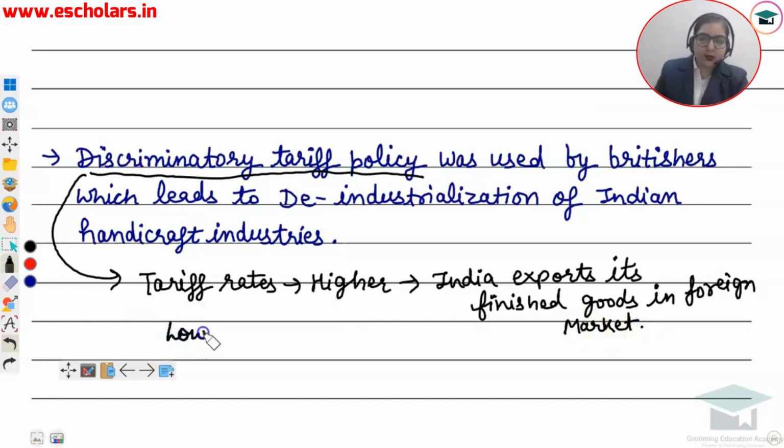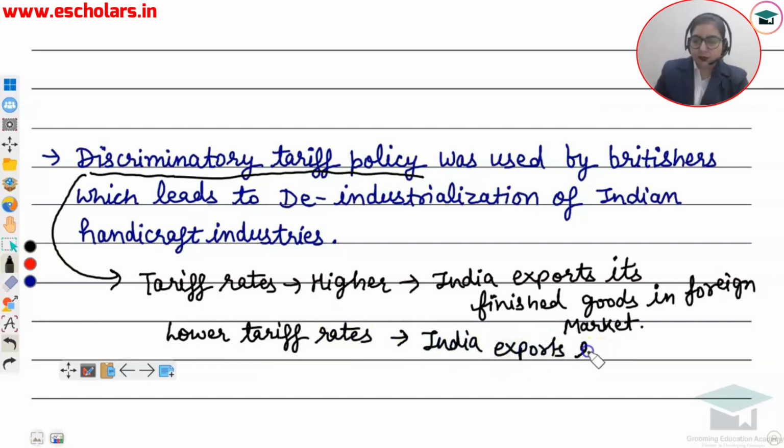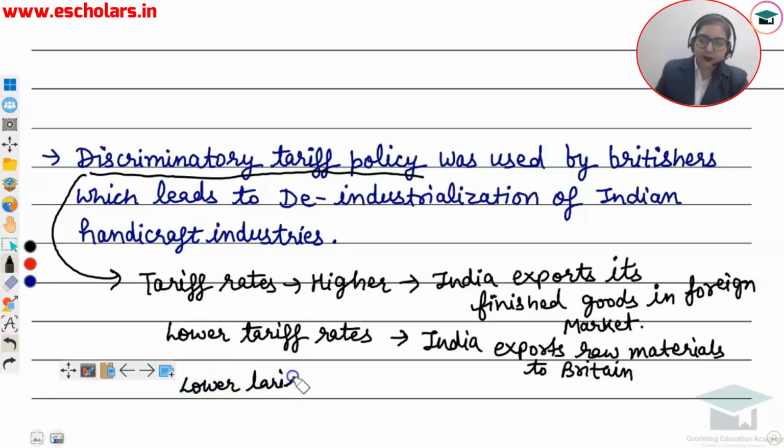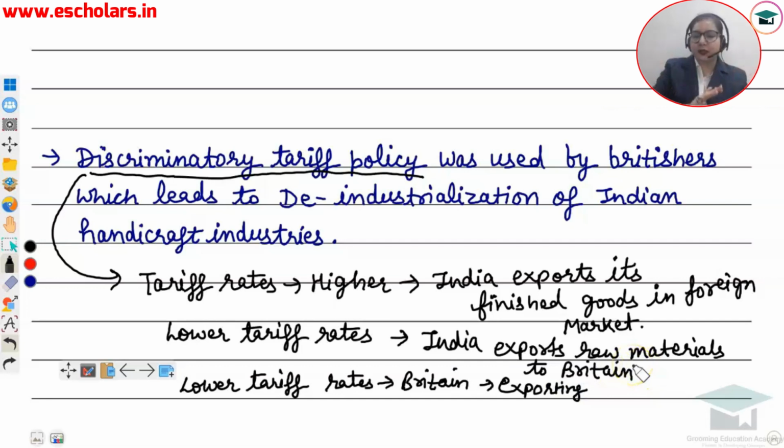And lower tariff rates were kept if India exported raw materials to Britain. And again, lower, or you can say nil tariff rates were charged if Britain was exporting its machine made products in India.